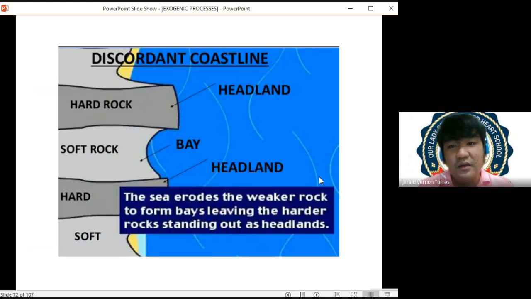So now, why do we have coastal erosion, and what are its dynamics? Coastal erosion is due to those four processes that I described to you earlier: attrition, hydraulic action, corrosion, and abrasion. But as for its dynamics, class, usually along the coastal area, our coastal rocks are not homogeneous. There are areas that we consider hard rock, and there are areas that we consider soft rock.